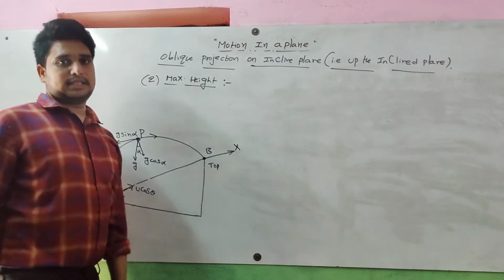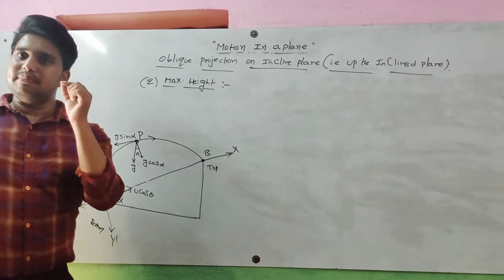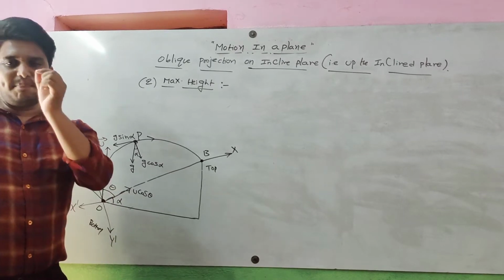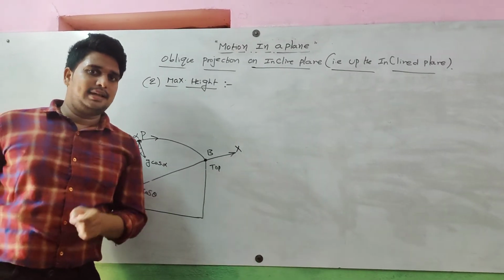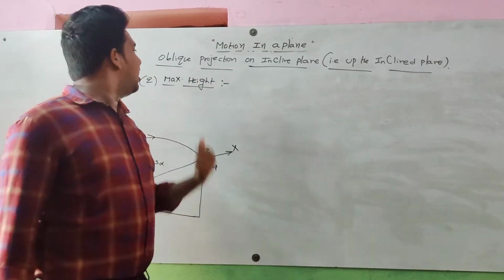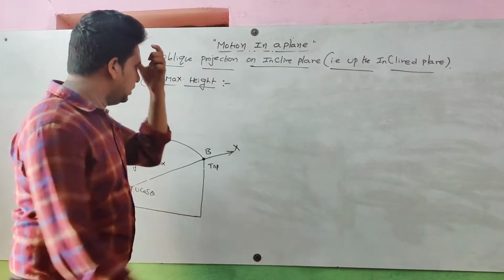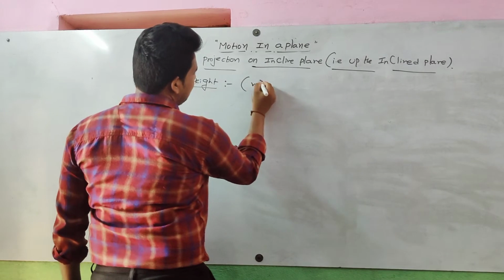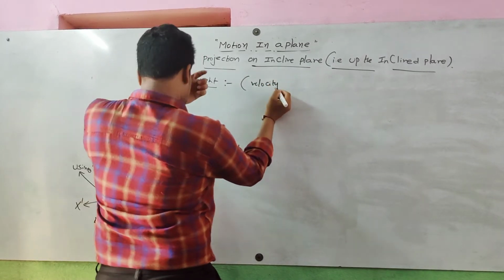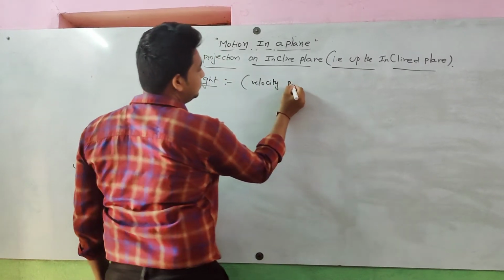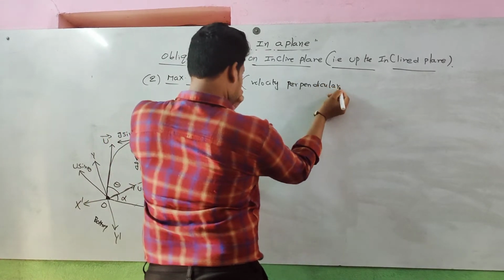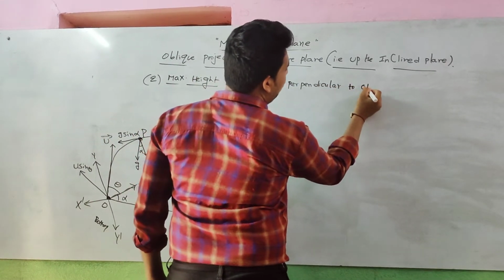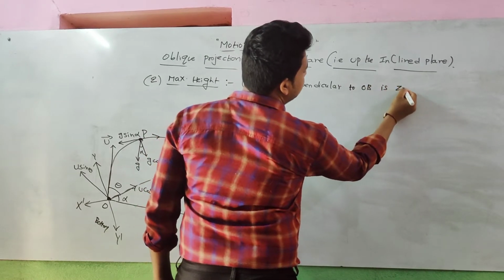So how to find maximum height? There is a simple trick. For finding time of flight, the trick was y equal to 0. For finding maximum height, the simple trick is that the velocity perpendicular to OB is 0.